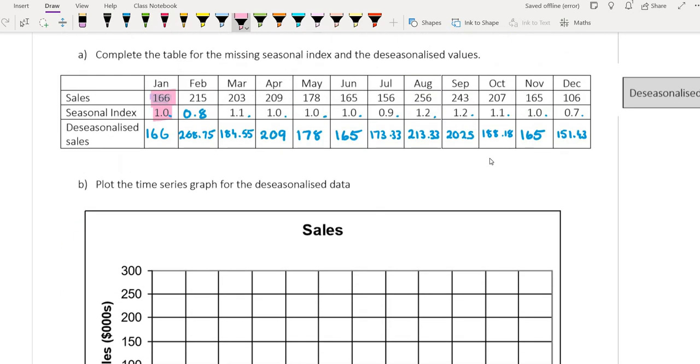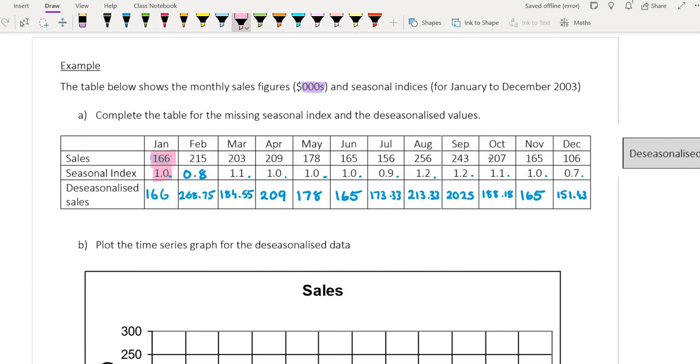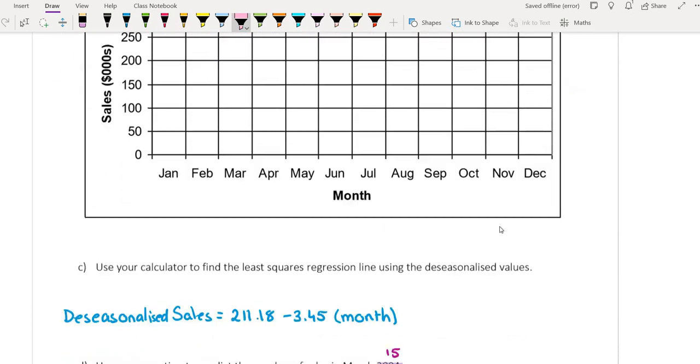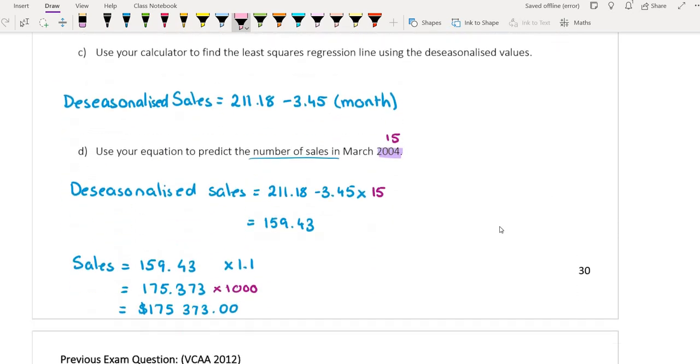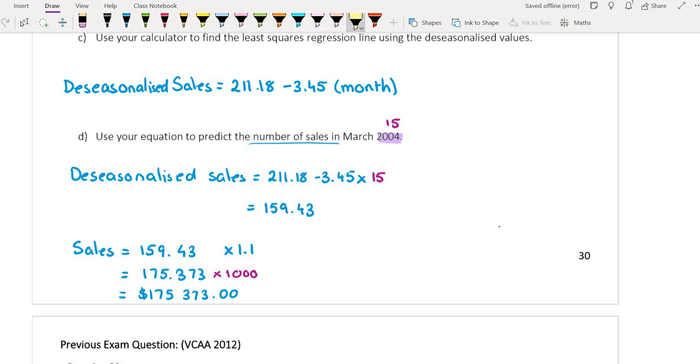And then using this and the time and putting it into the CAS and finding a regression line, we can find this equation here, where not just sales, but deseasonalized sales equals these values.